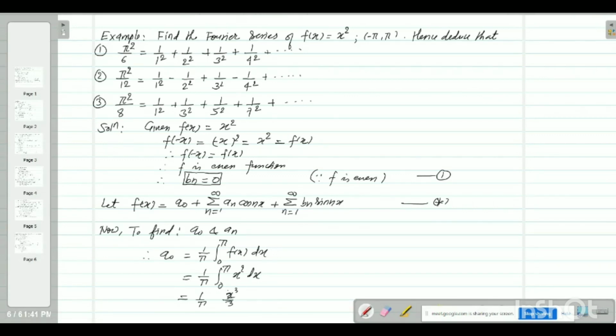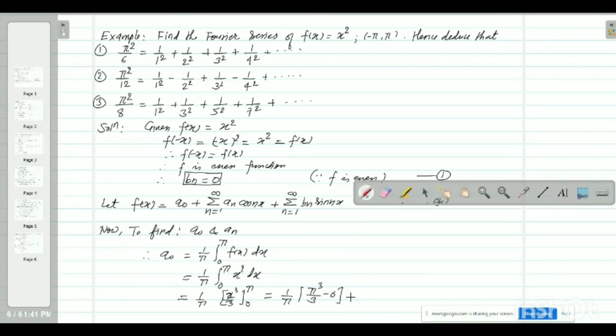Integration of x square is x cube by 3, providing limit 0 to pi. So this is equal to 1 upon pi, upper limit is pi cube by 3, lower limit will be 0. Pi will cancel, so this is pi square by 3.